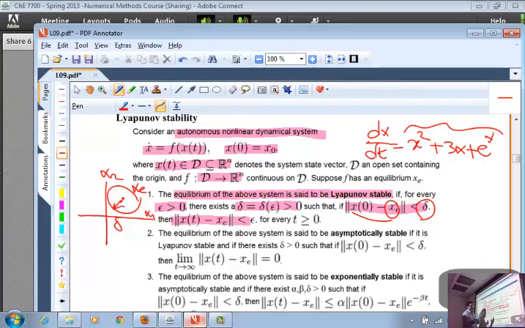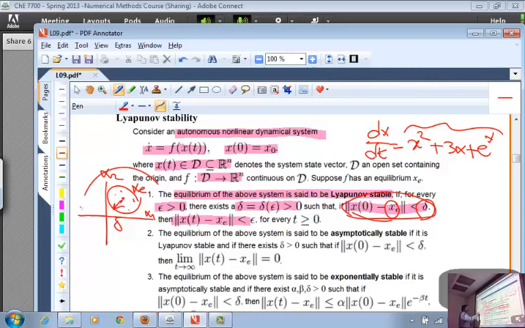I can find a region delta, I can draw that circle, and if my initial condition is anywhere inside that, that's what this part says. x0 minus xe less than delta simply says my initial condition is inside that. So if I start in that region, the next part it says is then the norm of x(t) minus xe is less than epsilon. So I need to find another value epsilon and draw a circle.